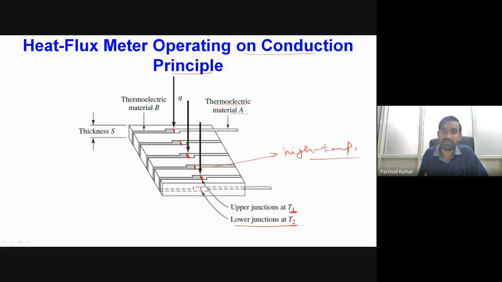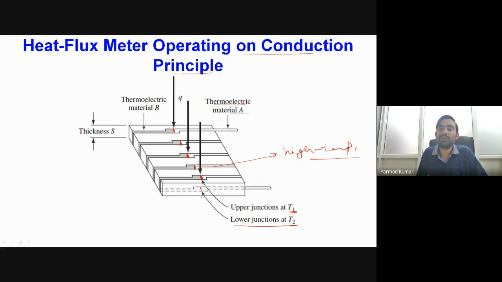Now we have thermoelectric material. If we measure the EMF, and maintain one of the junctions, particularly the lower junction, at some fixed temperature, then, since we know the thermal conductivity of the material, the heat we get from this unknown source will conduct from top to bottom.